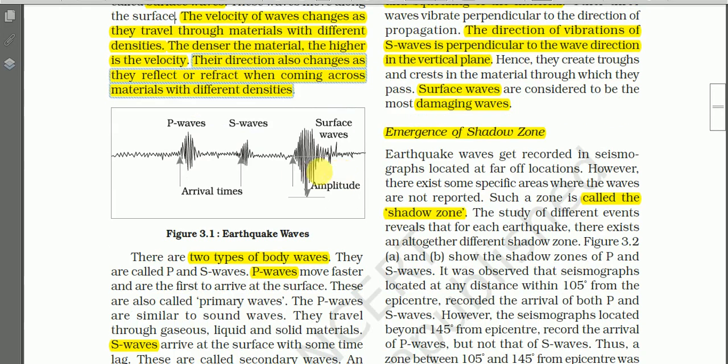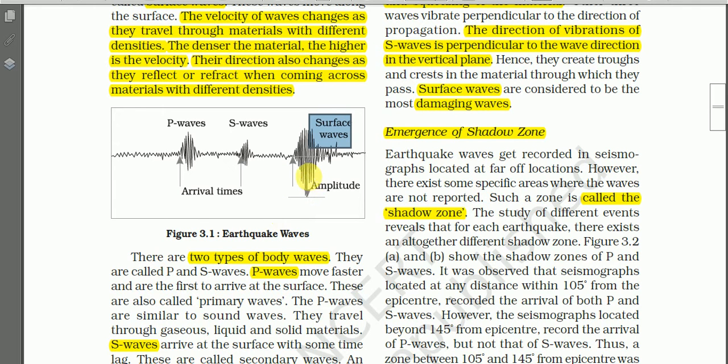Okay, let us proceed. See here, this figure describes typical earthquake waves. Remember, at the seismograph, P waves arrive first. P wave is the fastest wave, and it arrives at the seismograph first of all, then after the P wave, the S wave arrives, then after the S wave, the surface wave arrives.